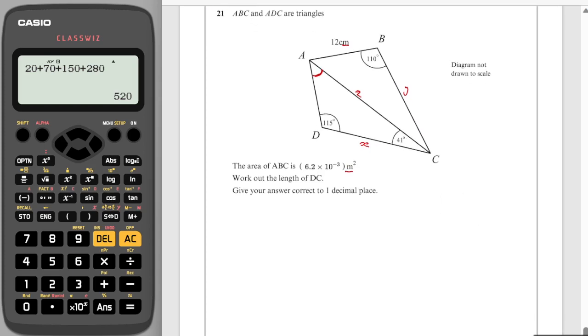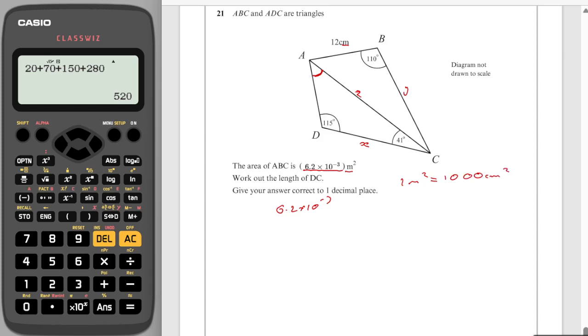Okay, so first thing I'm going to do is manipulate this. We've got it currently as meters squared, and I want it in centimeters squared. So 1 meter squared is going to be equal to 100 times 100, 100 squared, so it's going to be 10,000 centimeters squared.